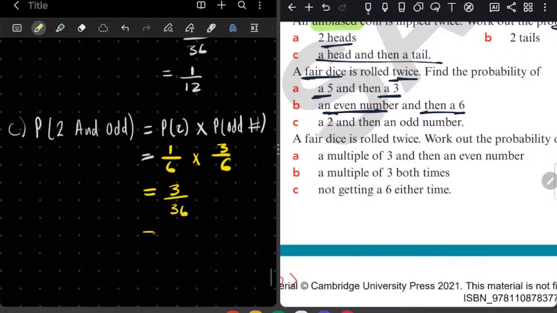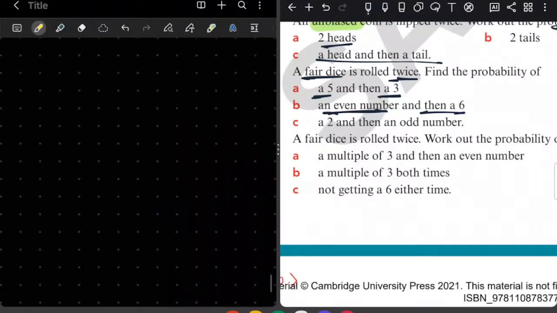When we reduce to lowest terms, it becomes 1 over 12. Are we together, students? Well done.